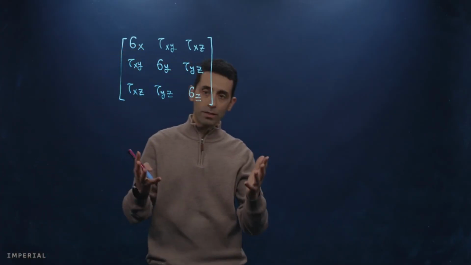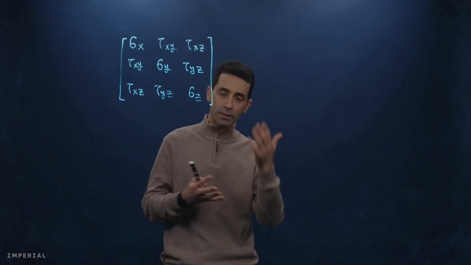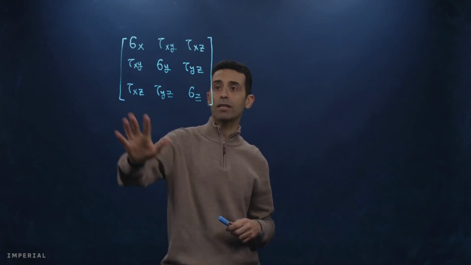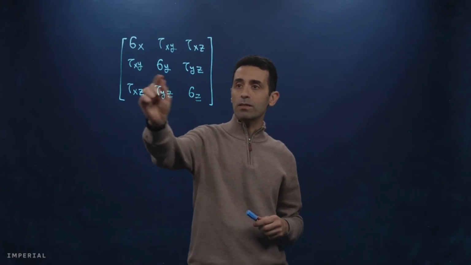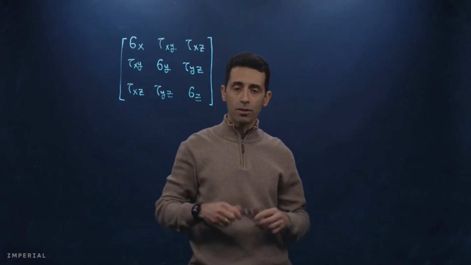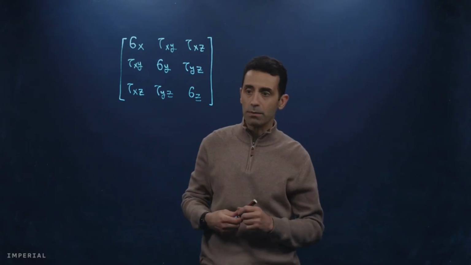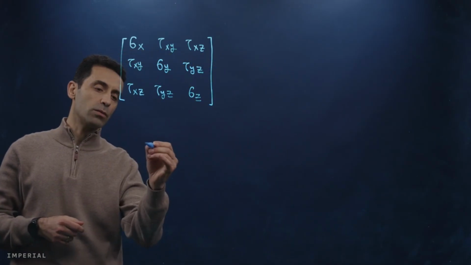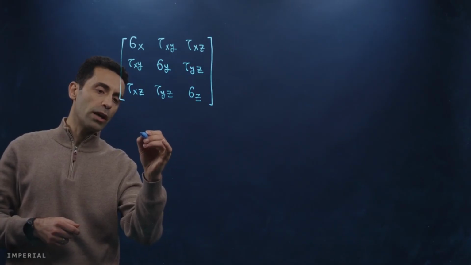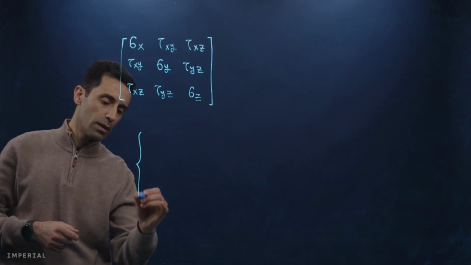This is in matrix format, but we can also write it in a vector format. In this matrix, we have only 6 independent components, so that vector has only 6 members. That is called the Voigt notation, which would look like this.